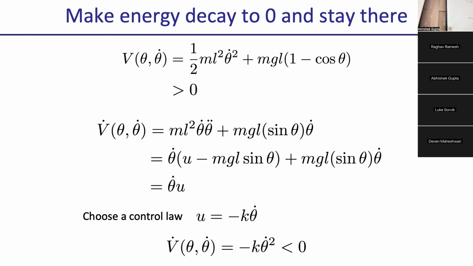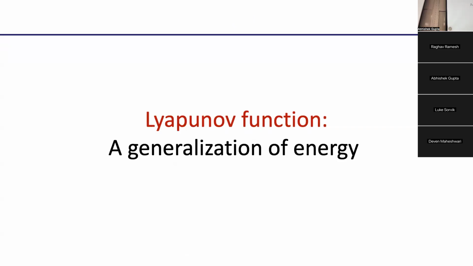But I think the beautiful part about it is that you don't have to actually know the control. You don't have to check the controller everywhere. You just need to design a function V, and prove two things. You need to prove that it's non-negative and only zero at zero, and you have to prove that it's decreasing over time. That's it. A Lyapunov function is a generalization of energy.